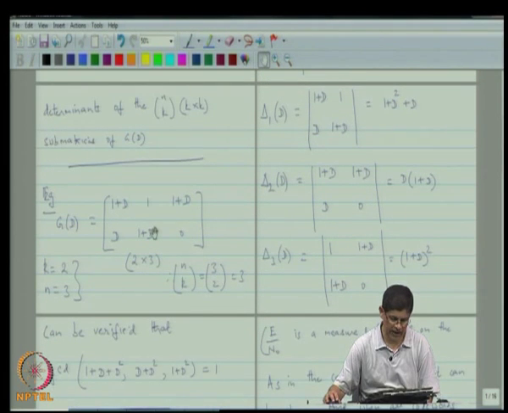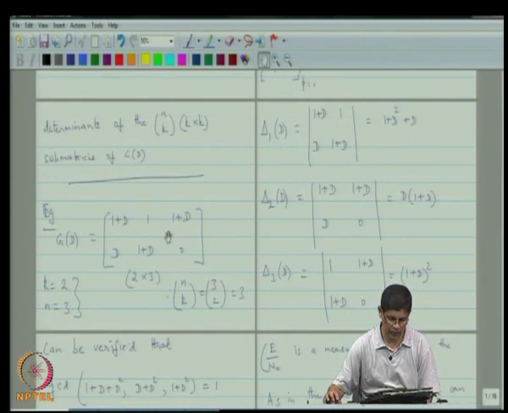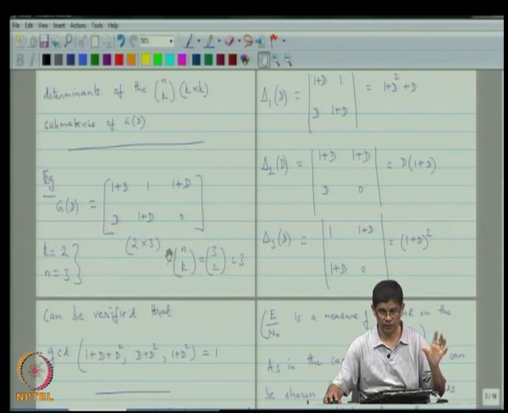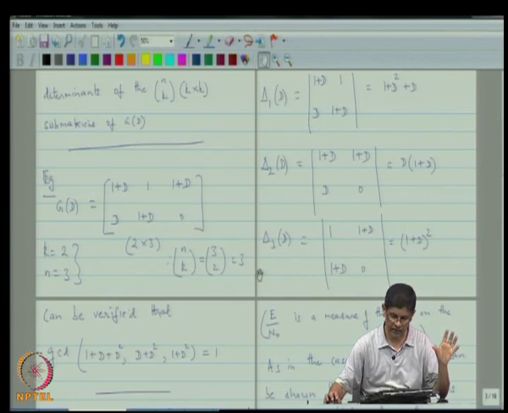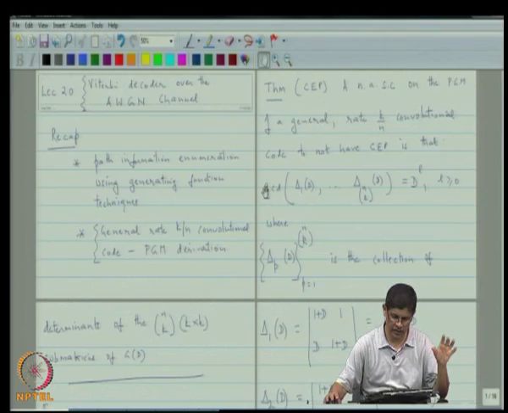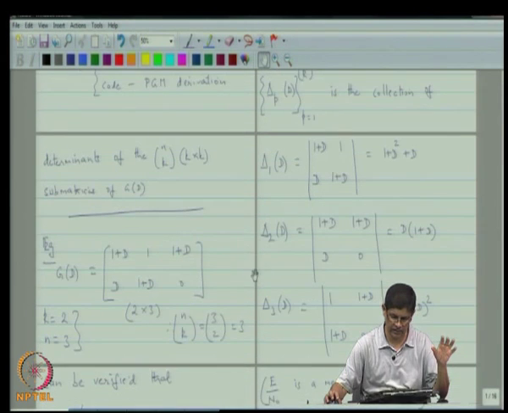What we did was we wrote down the condition to avoid coming up with a polynomial generator matrix that has catastrophic error propagation, and the condition was in terms of the determinants of the submatrices and their GCD.